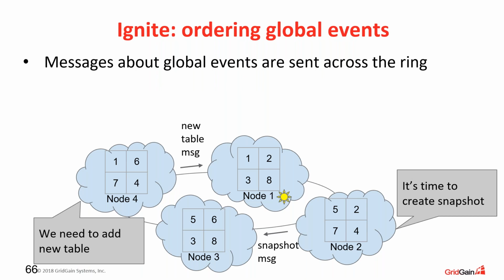How do we do it? When one node wants to trigger a global event, it just sends a message about the global event across the ring.